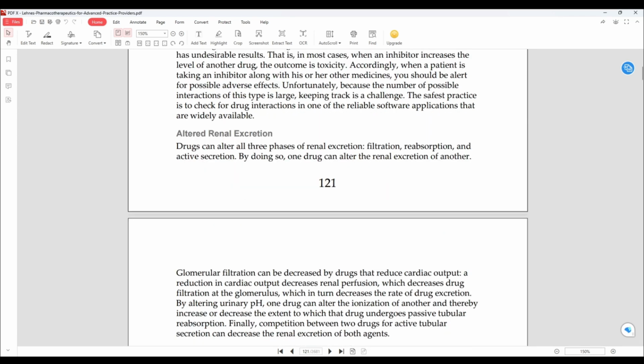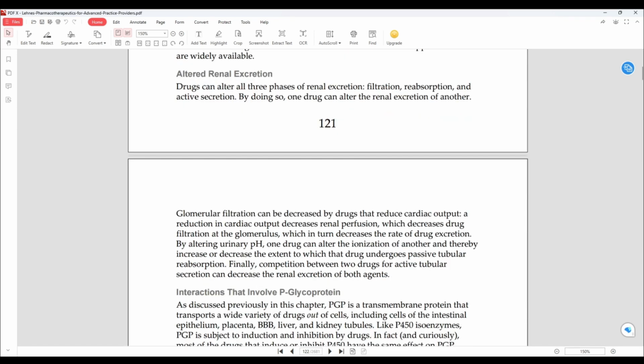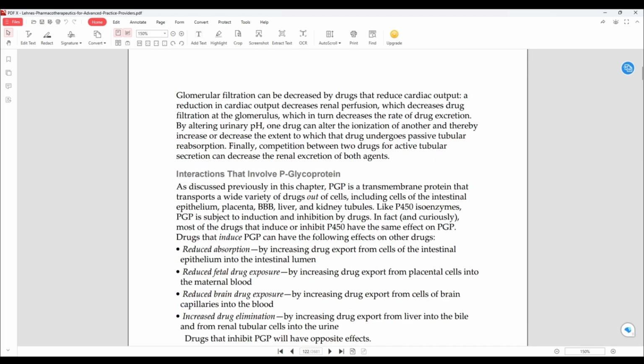So, altered renal excretion. Drugs can alter all three phases of renal excretion, whether it's through filtration, reabsorption, or active secretion. By doing so, one drug can alter the renal excretion of another. Glomerular filtration can be decreased by drugs that reduce cardiac output. A reduction in cardiac output decreases renal perfusion, which decreases drug filtration at the glomerulus, which in turn decreases the rate of drug excretion.